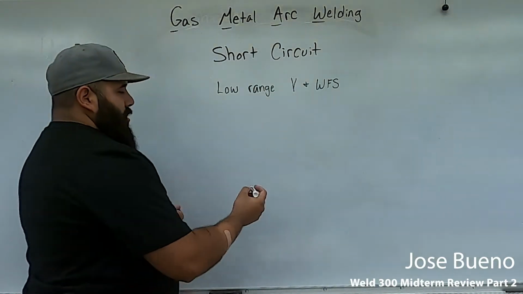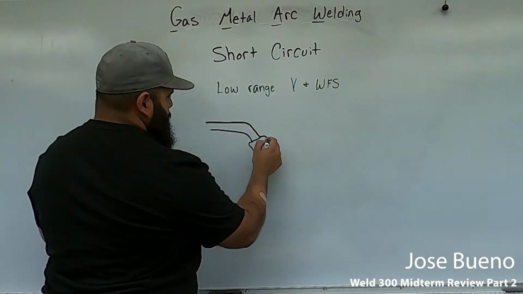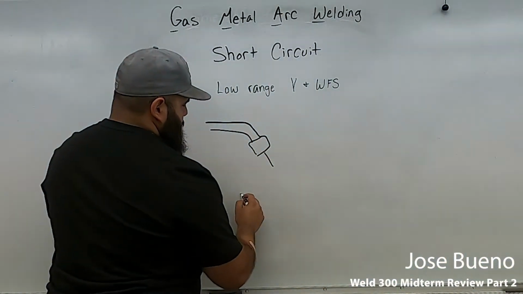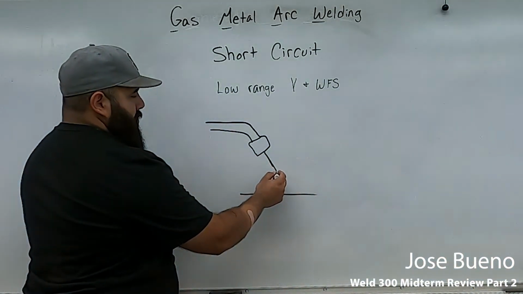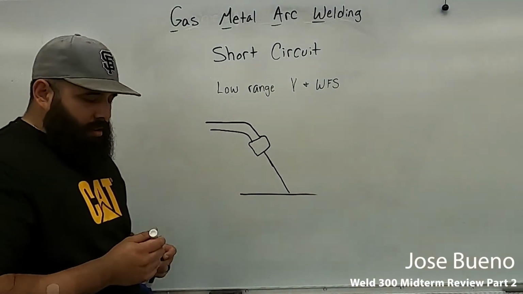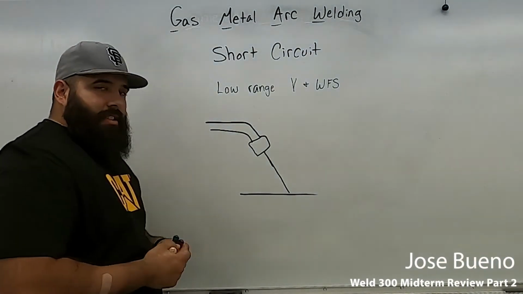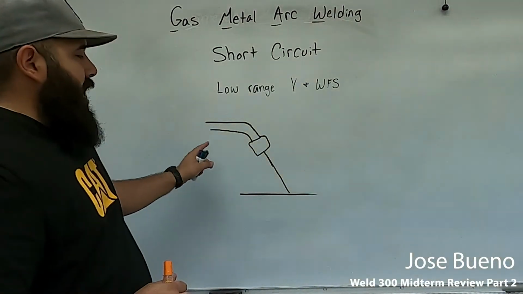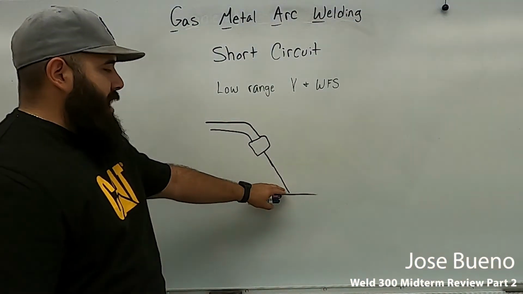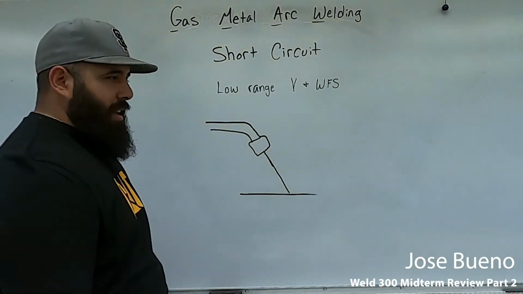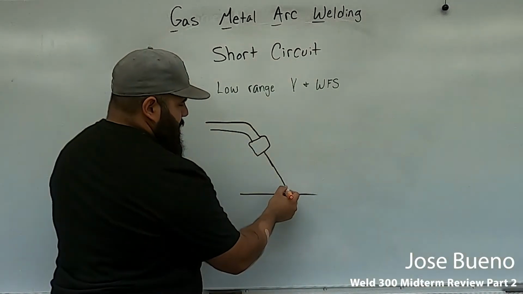So basically how short circuit works, if we have our MIG gun, and here's our plate, your wire is going to feed through until it makes contact with the base material. Once it makes contact, it's going to complete the circuit, and it's going to allow for current to go through, and it's actually going to heat the electrode up just a little bit to where some of it melts off, and you'll see an arc.